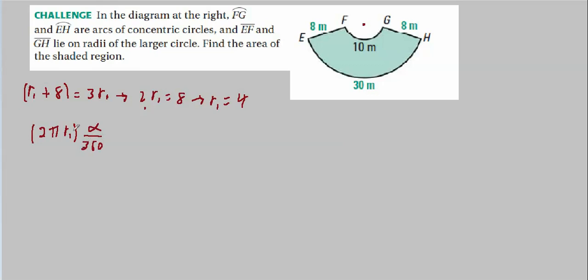But we know R1. We can replace it with 4 and get 8 pi times alpha over 360 equals, well, they gave us that. We know the arc length, we're just going backwards to figure out what the angle was that it came from. Now we just solve this. We put all this stuff over on this side and end up with an alpha.